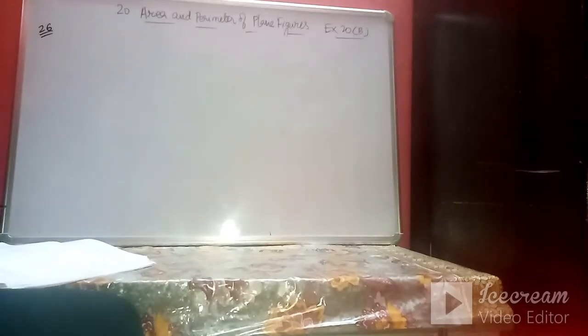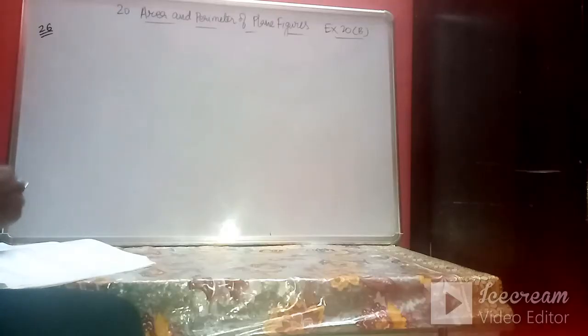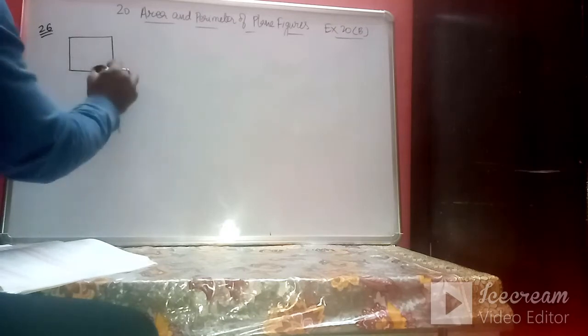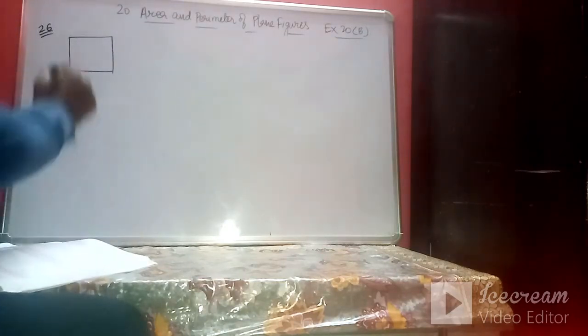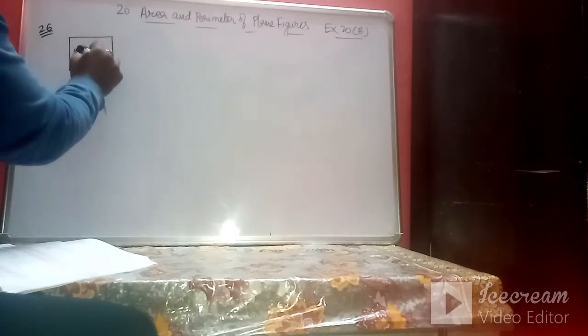So in question number 26, a wire is bent in the form of a square. First this wire is bent into the form of a square and it encloses an area of 484 meters square.